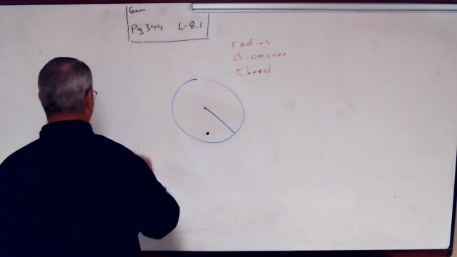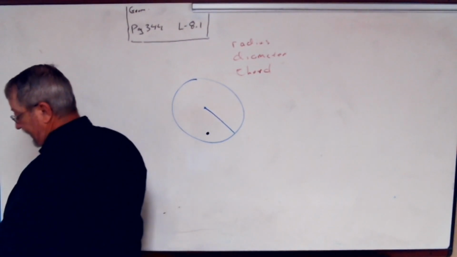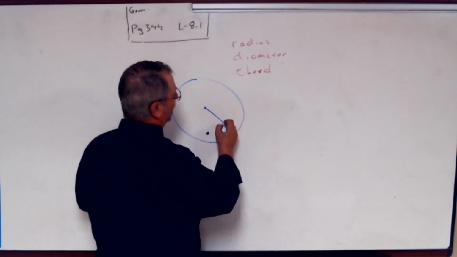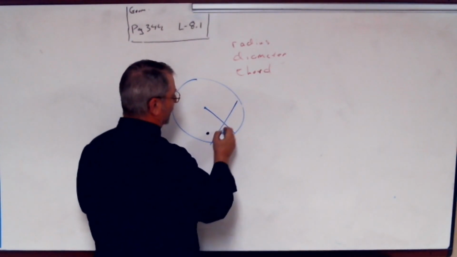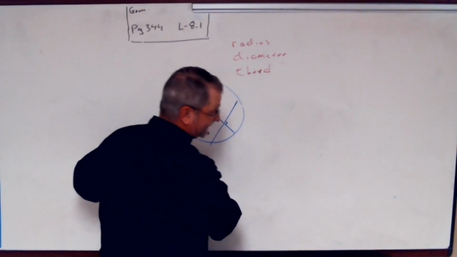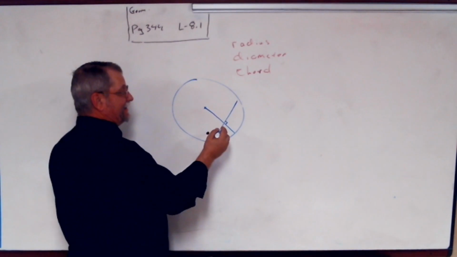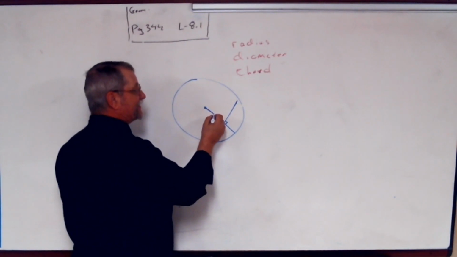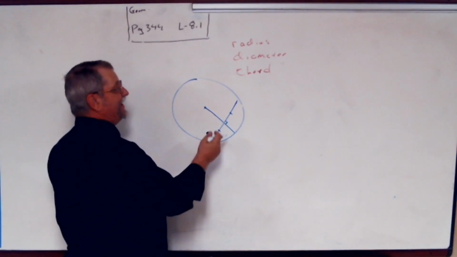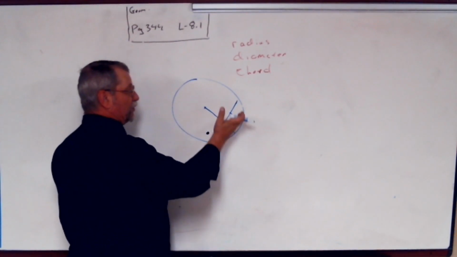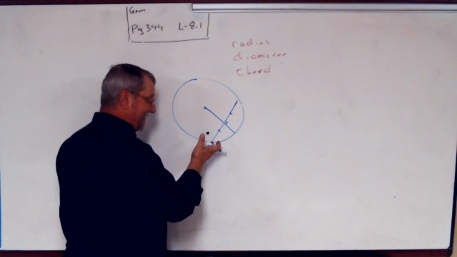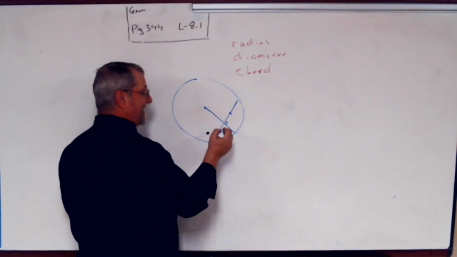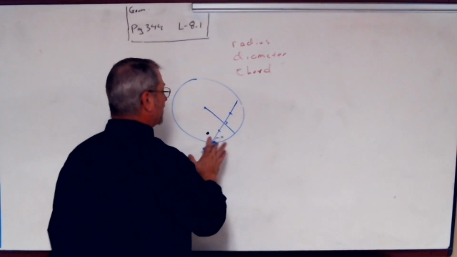If a radius is perpendicular to a chord, so if there's a chord that passes through this radius, like right here, and this is 90 degrees, then this radius bisects that chord. If I have a radius of a circle and a chord is perpendicular to it, 90 degrees, then the chord is bisected by the radius, and we can do stuff with that, all right?